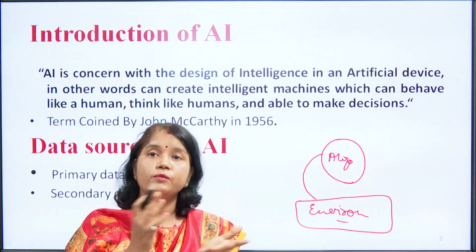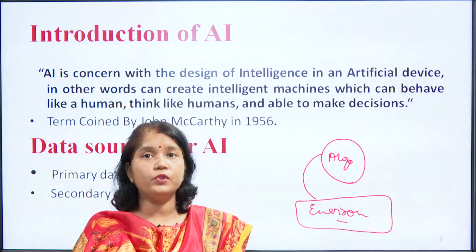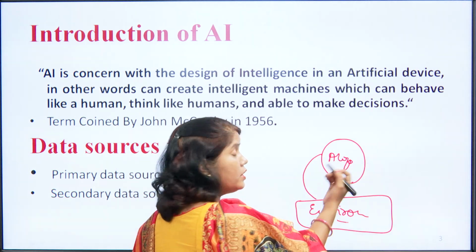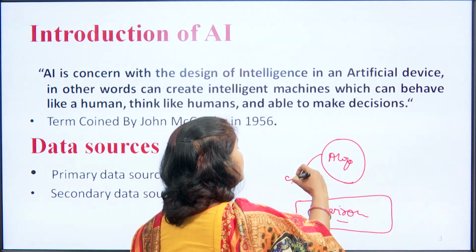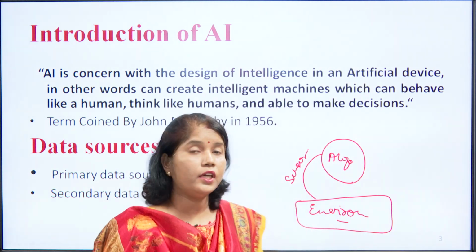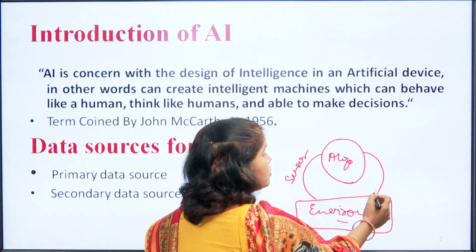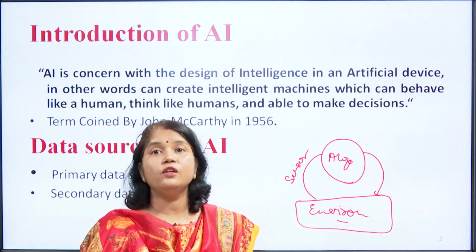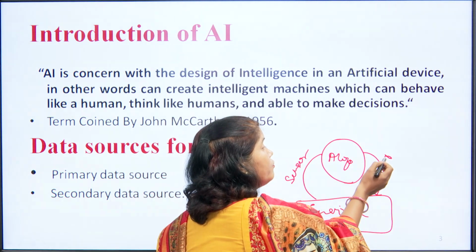You will take input from the surrounding and implement your output in the surrounding. Who will take the input from the surrounding? The sensor will take the input, and you will send your output with the help of effectors.